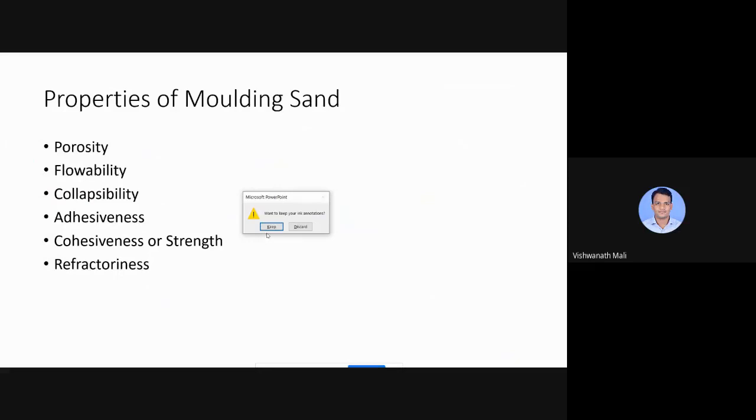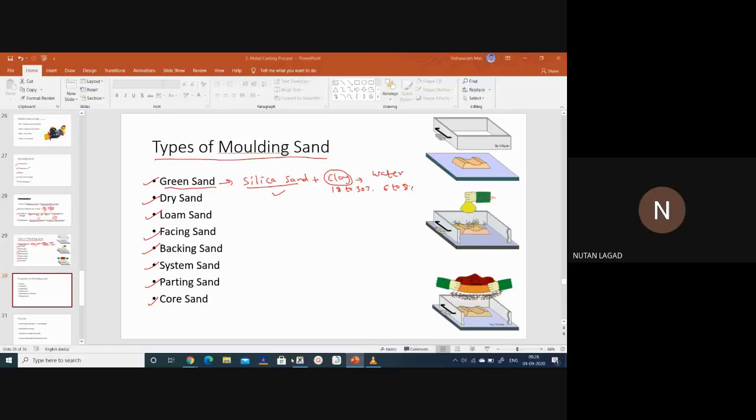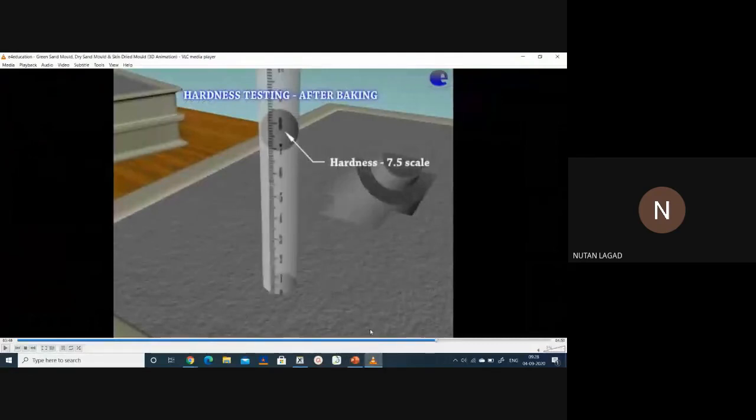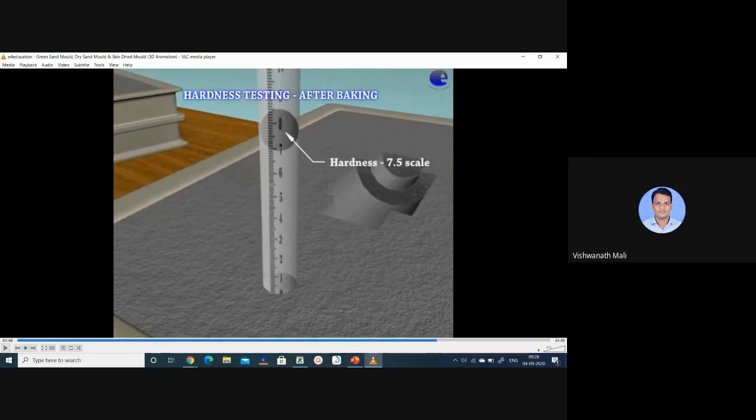Excuse me, sir. In dry sand, we are baking it to remove moisture from it, but that hardness will affect the pattern, because it is increasing from 3.5 to 7.5. While making the cavity, will it affect the pattern also? No. See, first we are preparing the pattern, then we are preparing the mold.